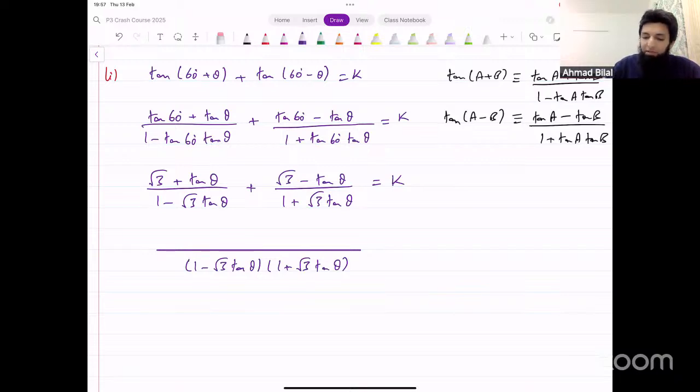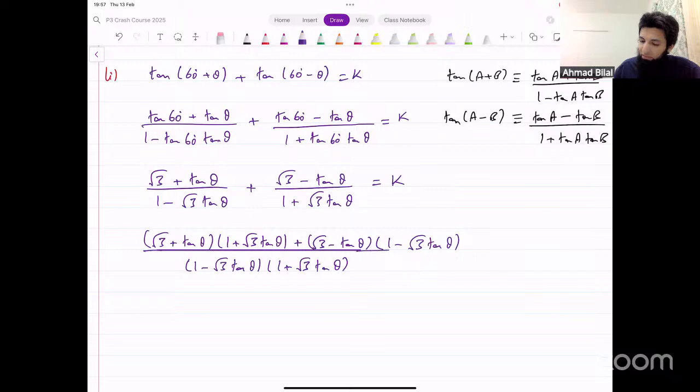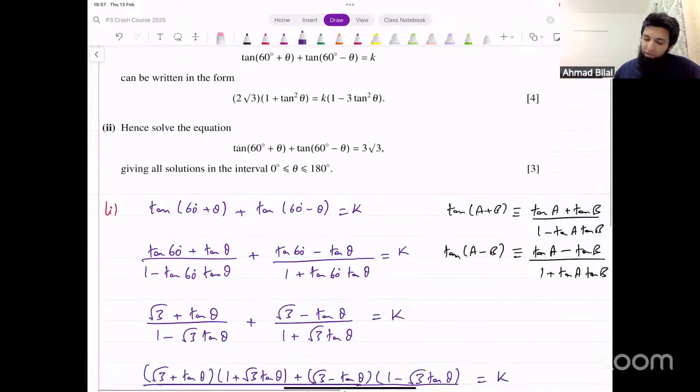We can do that in the next step. In the numerator, (square root 3 plus tan theta) gets multiplied by (1 plus square root 3 tan theta), plus (square root 3 minus tan theta) times (1 minus square root 3 tan theta). This equals k. Again, keep the end in mind.